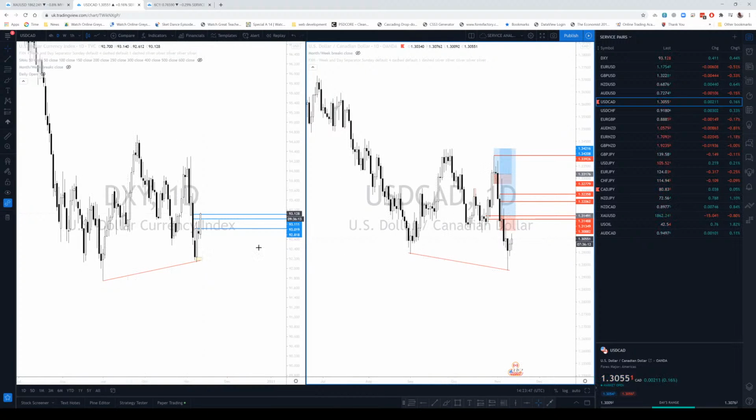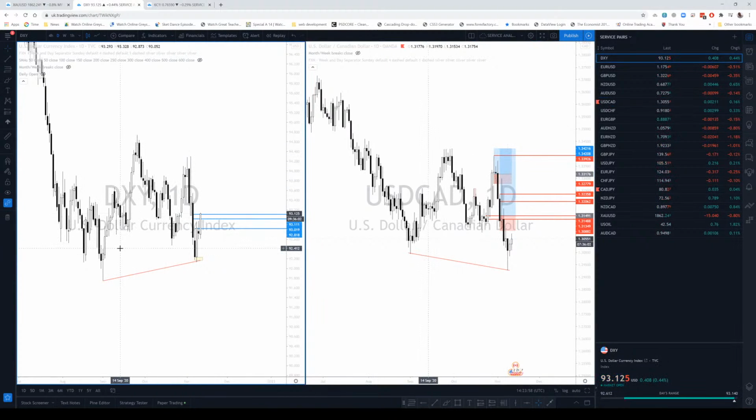So by comparing those three, you see that there was some kind of buying going on in dollar. So coming into this week, I was expecting a reversal on dollar, and we did get that. So that's why I was looking for a reversal.